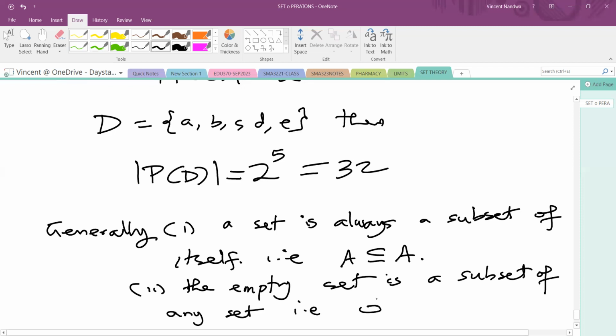That's to mean that the empty set is always a subset of any arbitrary set C.